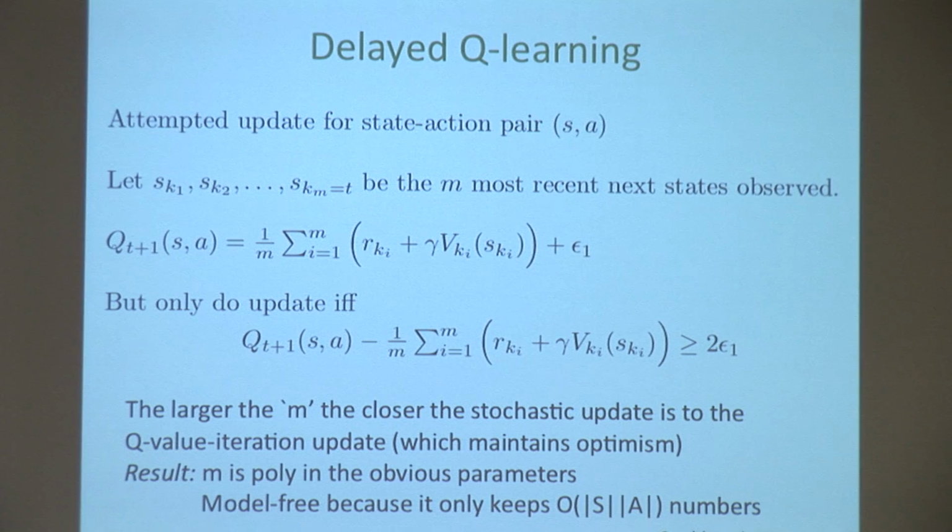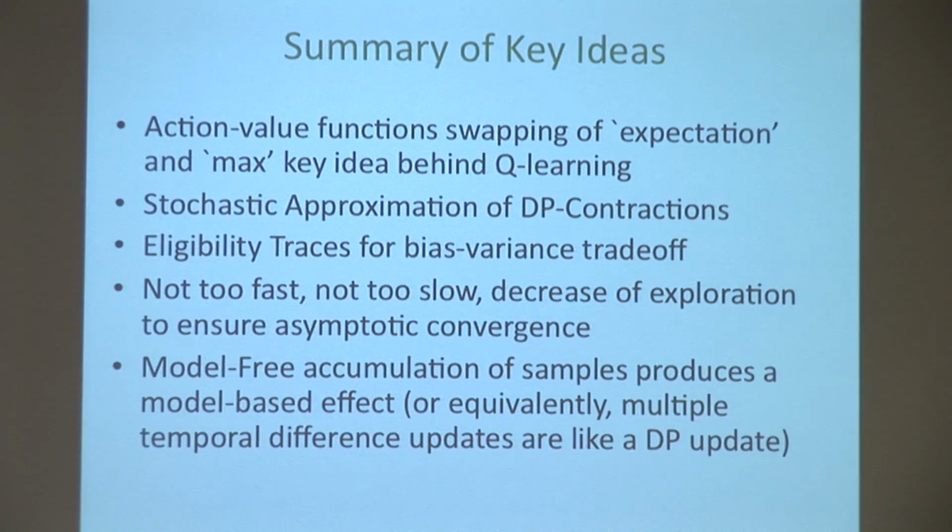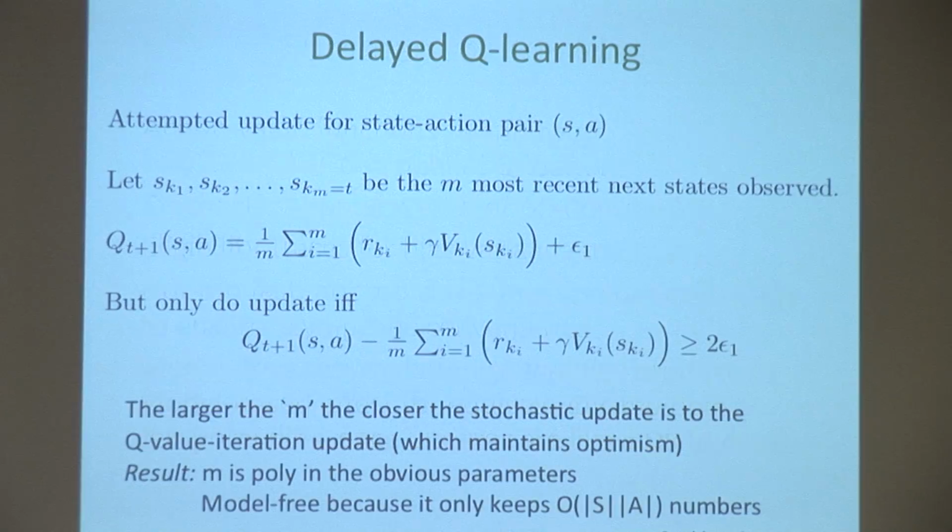And you keep track of the last m times you visited that state-action pair, but you don't make the update. Instead, you just keep track of the immediate reward you saw plus the discounted best value of the next state.